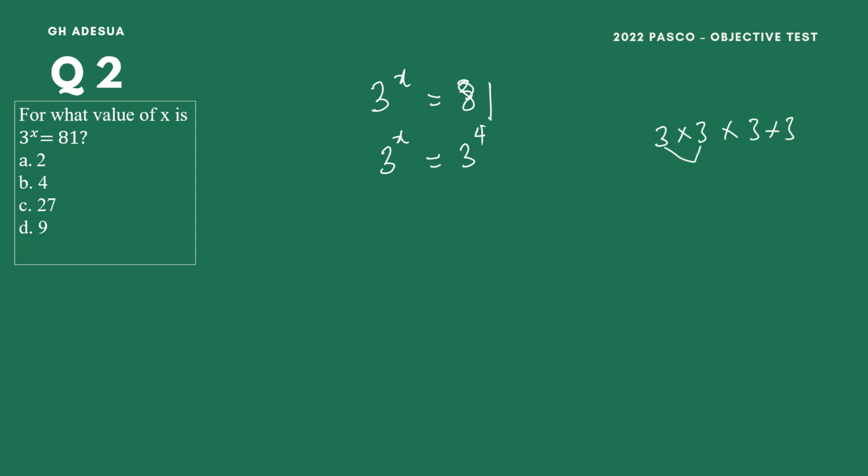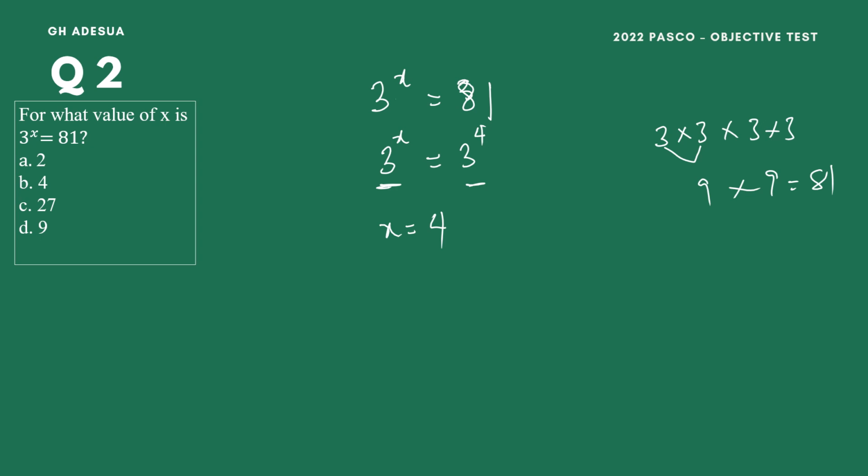That is 3 by 3, we have 9, and then by 9, which gives us 81. Now the bases are all the same, so the only thing we do is we equate the powers as per the rules of indices. So we have x is equal to 4.